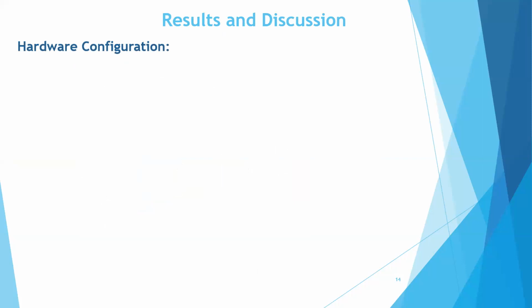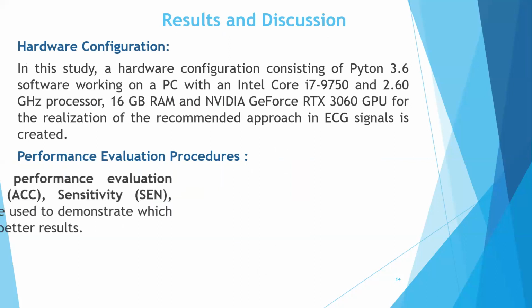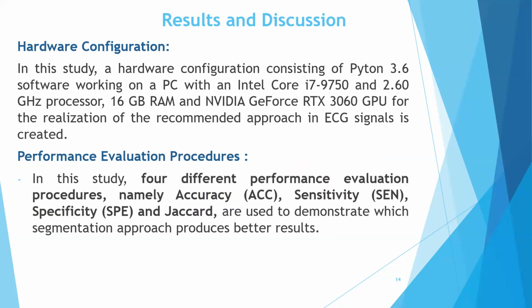Now, next topic, results and hardware configuration. Performance evaluation procedures: in this study, four different performance evaluation procedures, namely accuracy, sensitivity, specificity, and Jaccard, are used to demonstrate which segmentation approach produces better results.